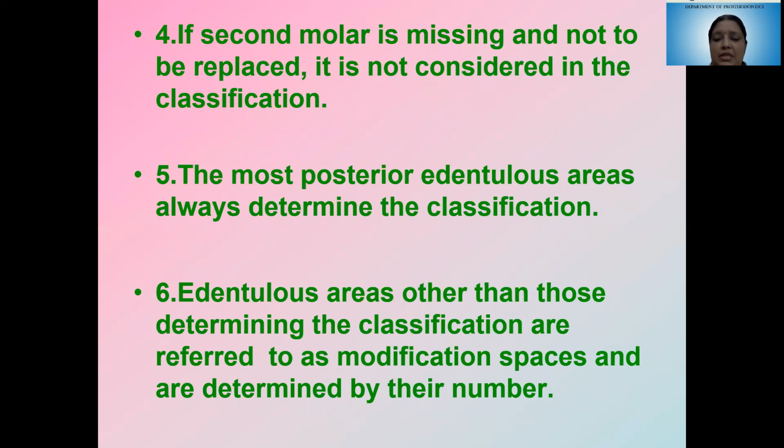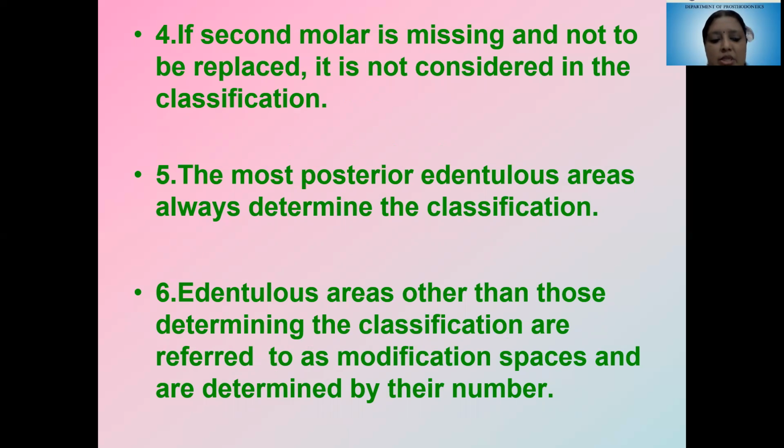Rule number 5 is a very important one. The most posterior edentulous area always determines the classification. Now just consider a case where a single molar is missing and the 2 anterior central incisors are missing. Just 1 molar on one side is missing and 2 central incisors are missing.